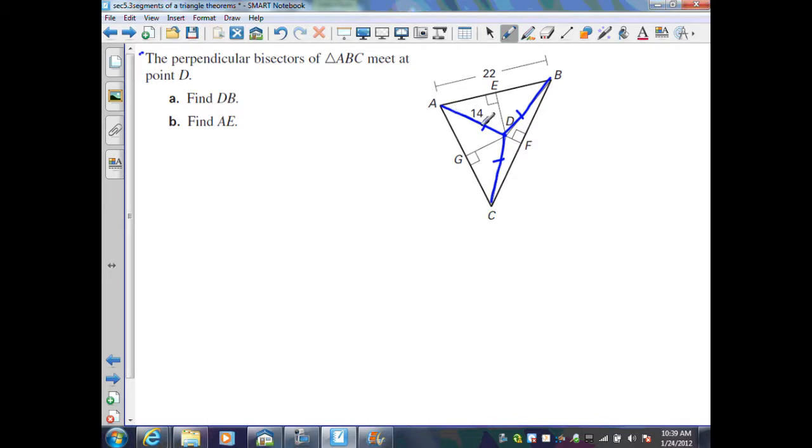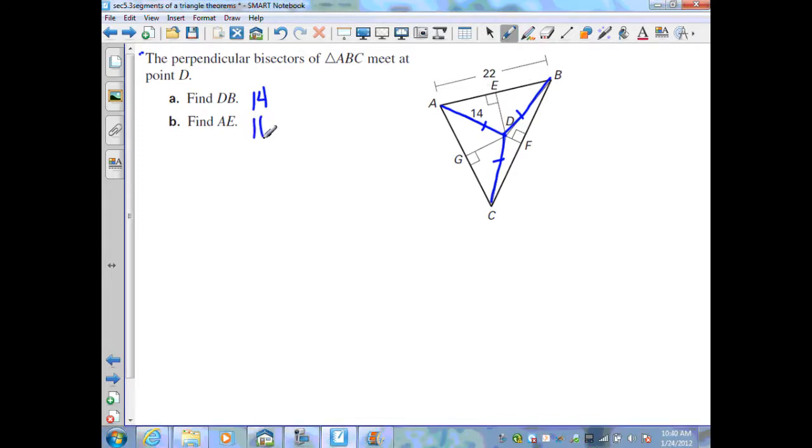AD is 14. Therefore, DB is 14. And DC is 14. We know that we're given perpendicular bisectors, and DE is a perpendicular bisector of AB. Since AB is 22, the measure of AE and EB is 11.